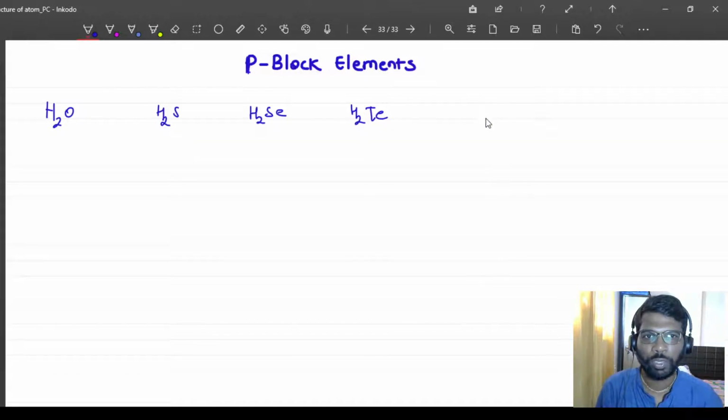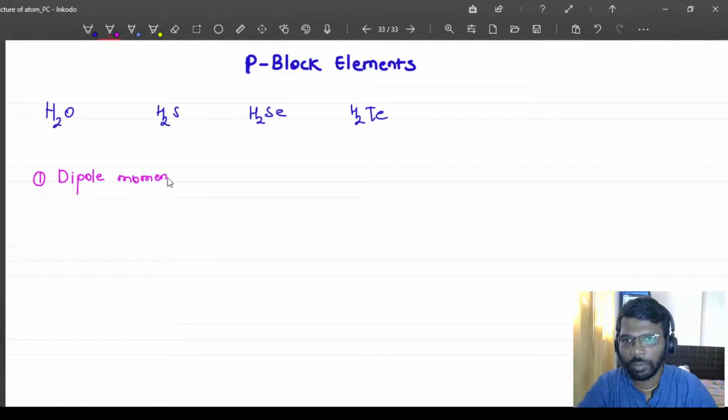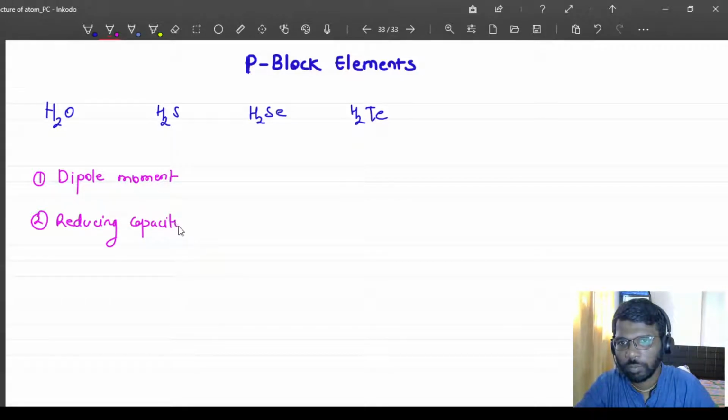So I'm going to discuss some important properties regarding these hydrides. The first property is dipole moment. The second property is reducing capacity. Third is boiling point.